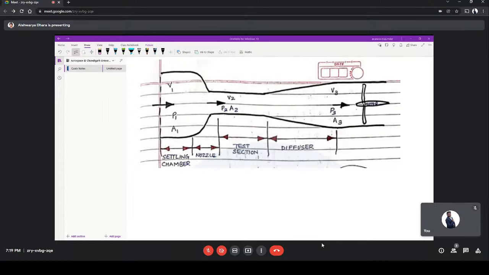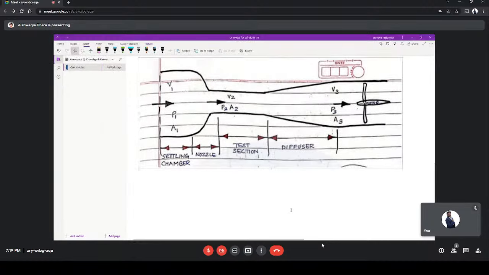Here you can see some basic parts, and a lot of questions can arise from this.